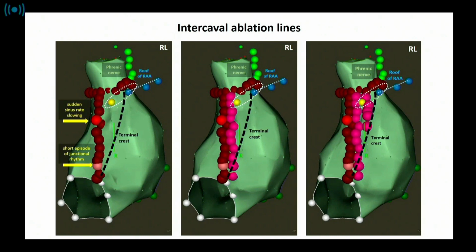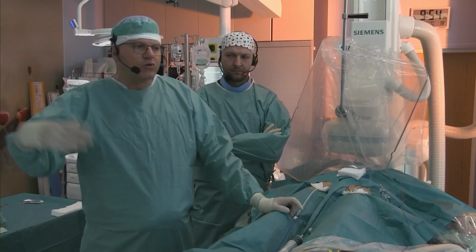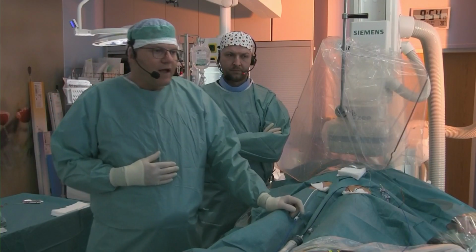So this is exactly what we did during the first case, and we will try to reproduce this lesion set today. I think this is enough from this EP room, and if you have any questions, of course, you may ask, but otherwise we are ready to switch to cardio-neuroablation guys.